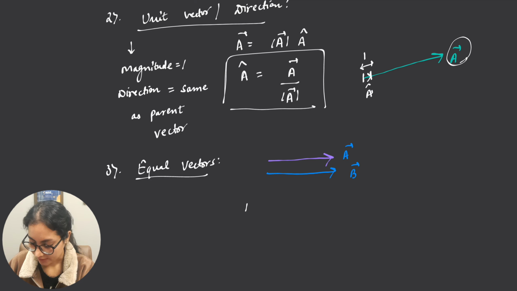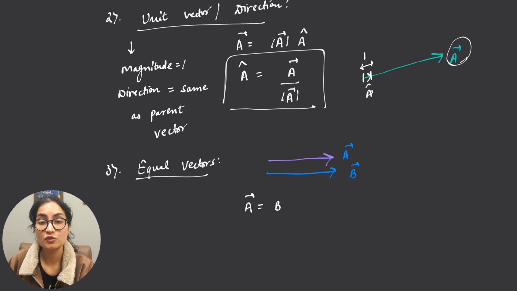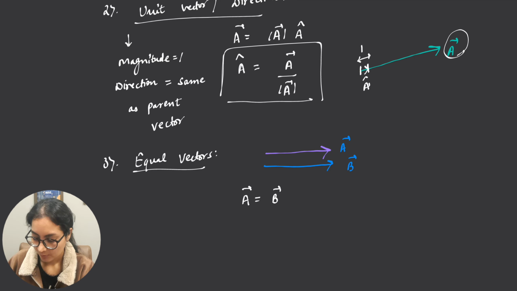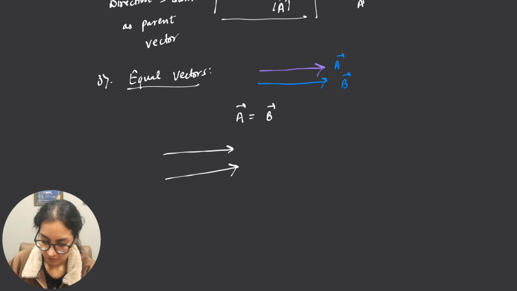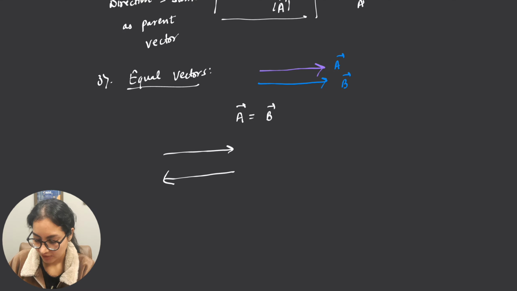Hence, I can say that these two vectors are equal. But what if this is my A vector now, this is my B vector now.